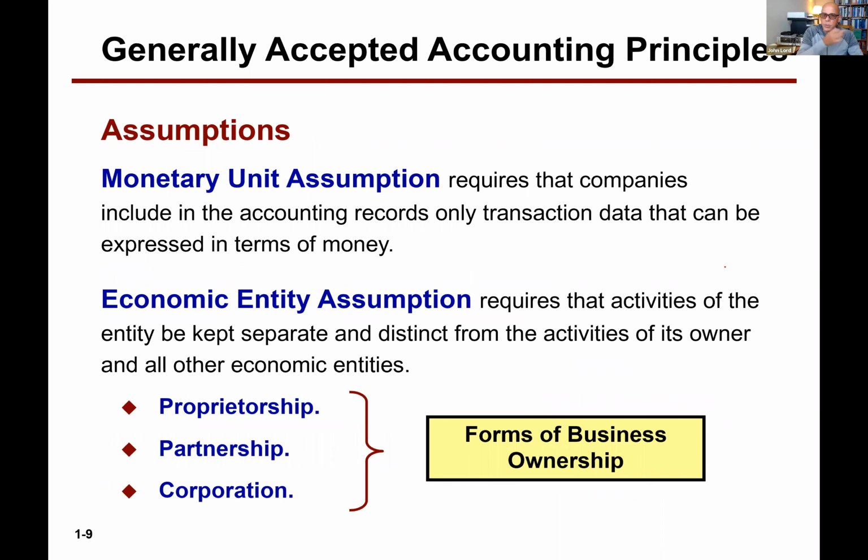We also have a couple of key assumptions, okay? We have the monetary unit assumption, and what the monetary unit assumption says is, look, coming from FASB, we don't want you putting a bunch of subjective commentary in these financial statements. We don't want you to say land ready for sale, or land that will sell quickly, okay?